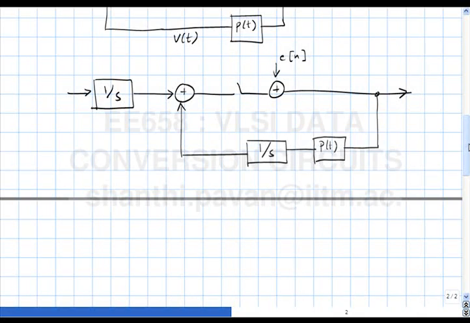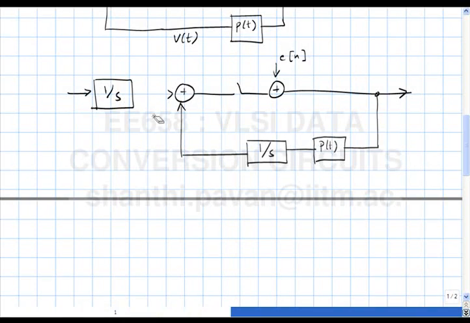Can you? Okay, we'll combine 1 over s and p of t, that's fine. Anything else? What can you do to the sampler? You can pull the sampler outside the loop, okay, in this fashion.